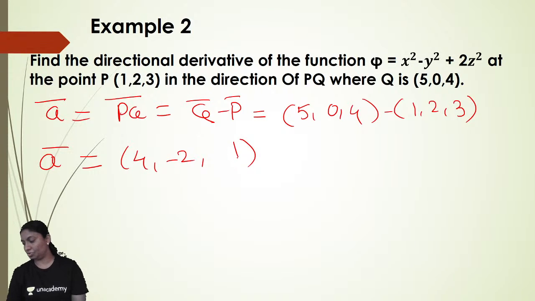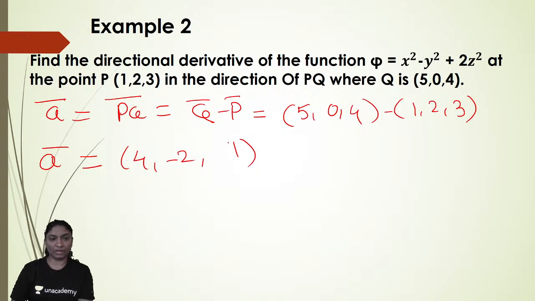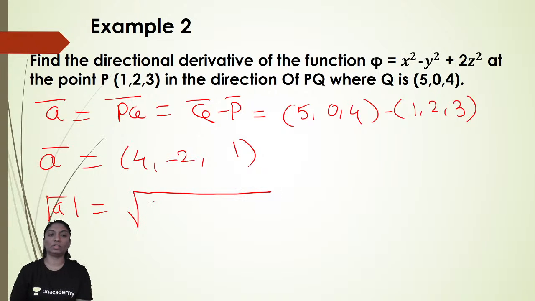So 4, minus 2, 1 is the vector a bar. So we can calculate a cap also. For that we require mod of a bar. So mod of a bar is equal to square root of 16 plus 4 plus 1, right? So you will get root of 21.